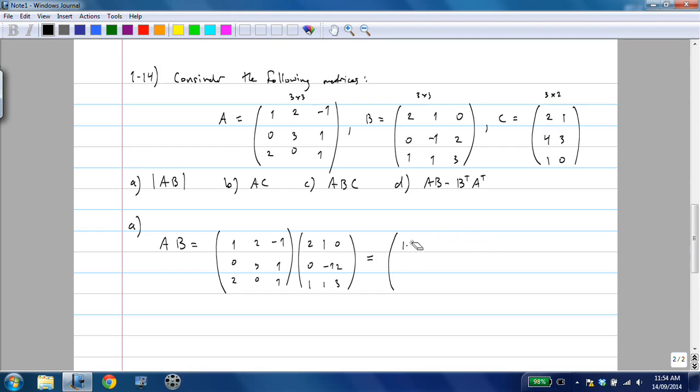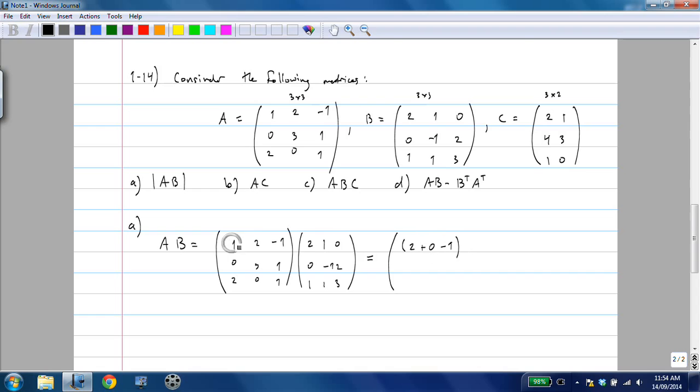So we'll have this element multiplied by this, this element multiplied by this, this element multiplied by this, and then we want to add them all together after multiplying. When we do this, we'll get 2 plus 0, and then minus 1. So that will be our first row, first column element.